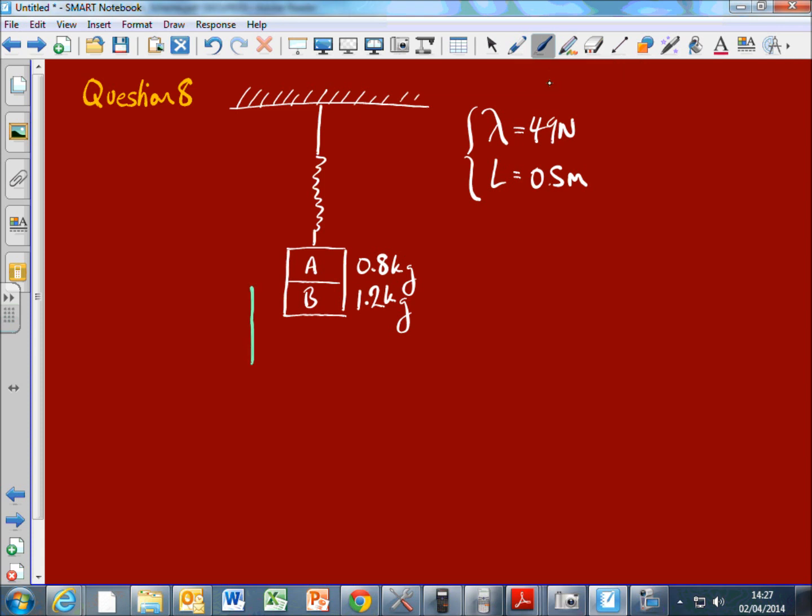The force down is its weight, so that's going to be a total of 2g down, and the force up is the force from the extension of the spring, and we can write that as lambda over L x, where x is the extension.